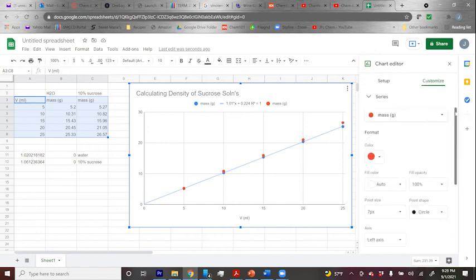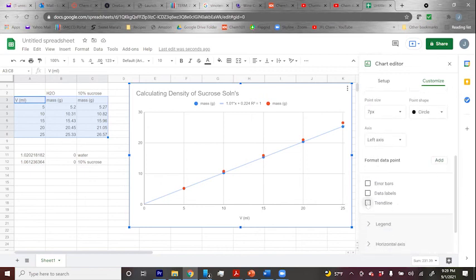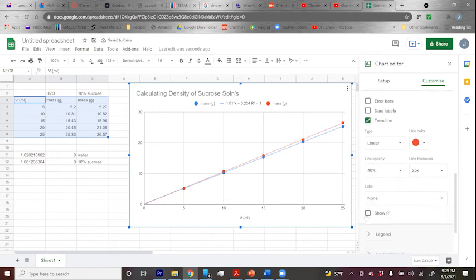So here's my red points. I want a trend line for that. I also want it to be linear, and I want to see the R squared. So you can see you're going to get some really good data. If you take your time measuring the volumes carefully, you're going to get really good data. You can see that the R squareds for these are 1, meaning that every point is exactly on the line.